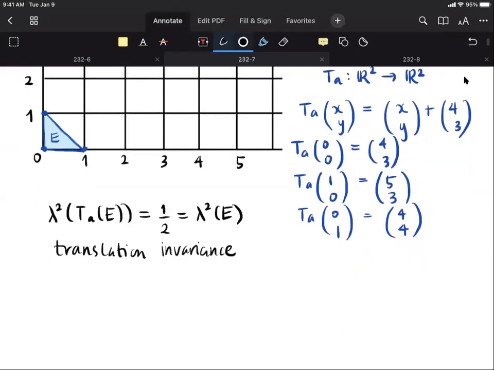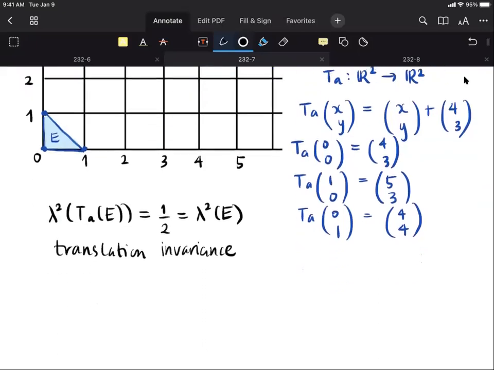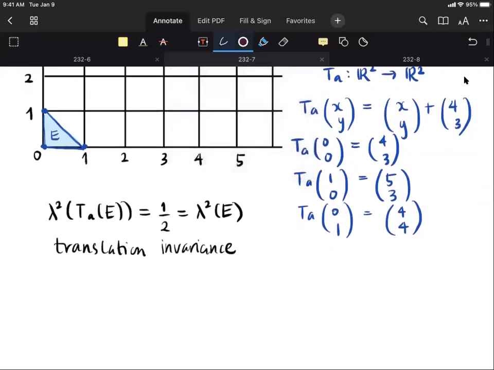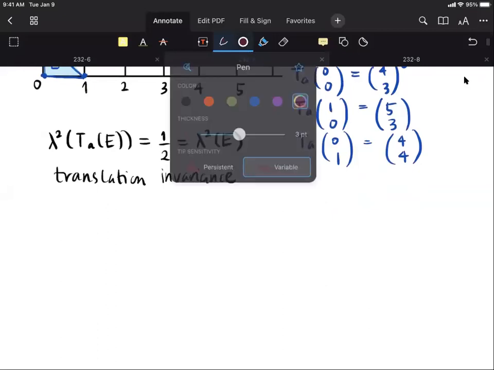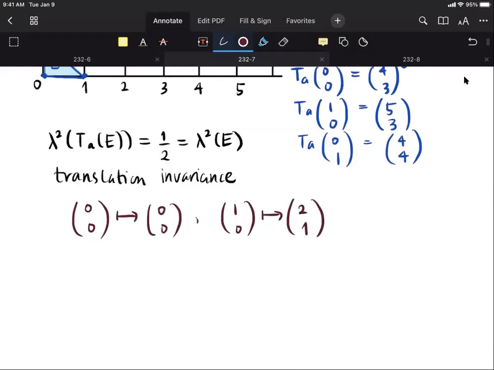Okay. Now, for the next example, suppose I have the following mapping. Suppose that we map the vertices in the following way. So the origin is fixed. (1,0) is mapped to, let's say, (2,1). And (0,1) is mapped to, let's say, (1,2).